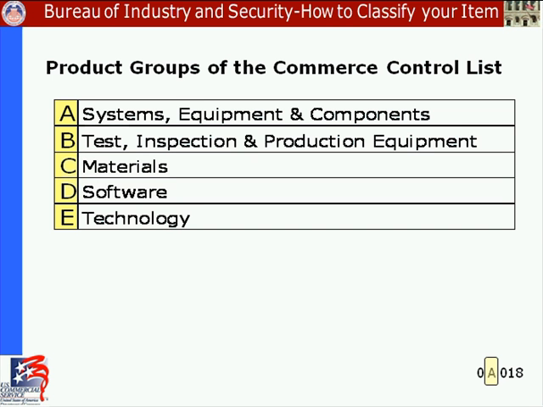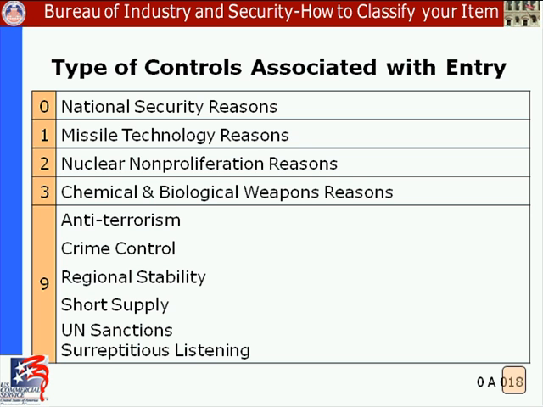The third place in the ECCN number is the number, okay? And this number has something to do with the reason for control. The third, fourth, and fifth places in the ECCN number, I call it 100 series.